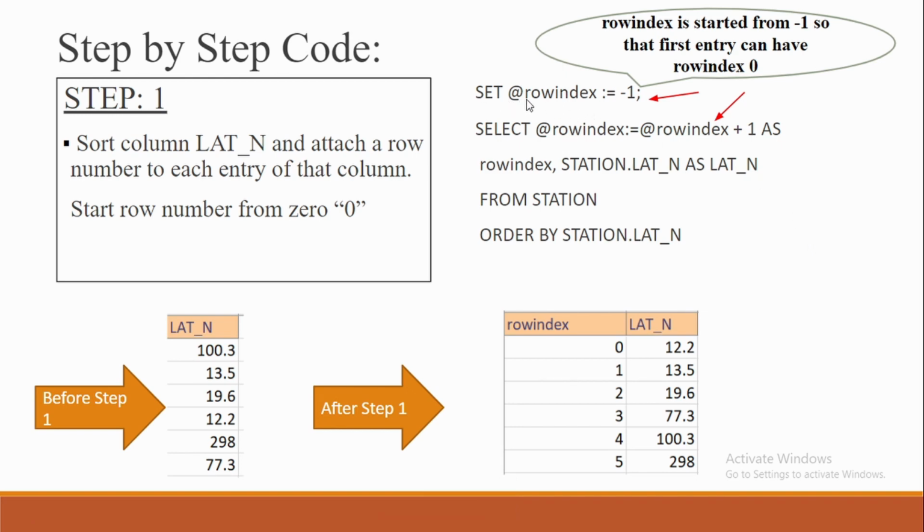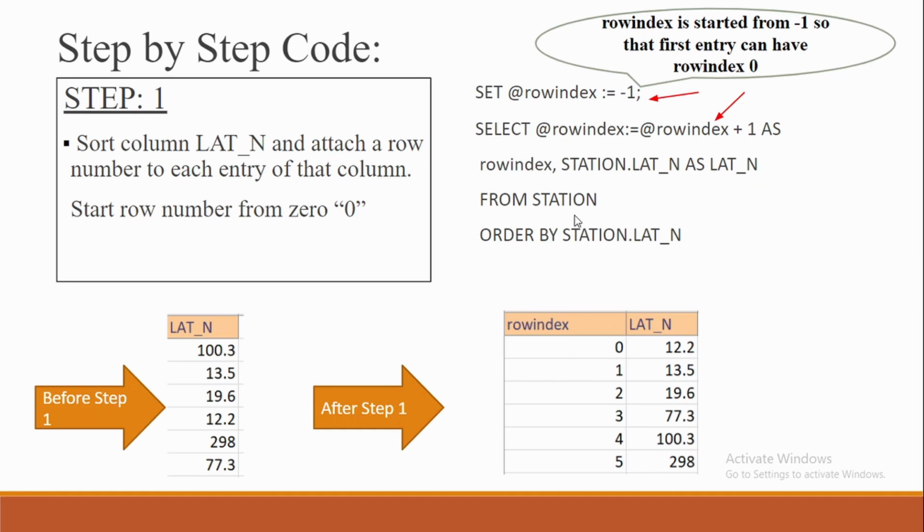In this code, I have taken a variable raw_index. I have assigned this a value of -1, because in the next select statement, it will be incremented to 0. In this select statement, I have taken the column LAT_N from the STATION table.